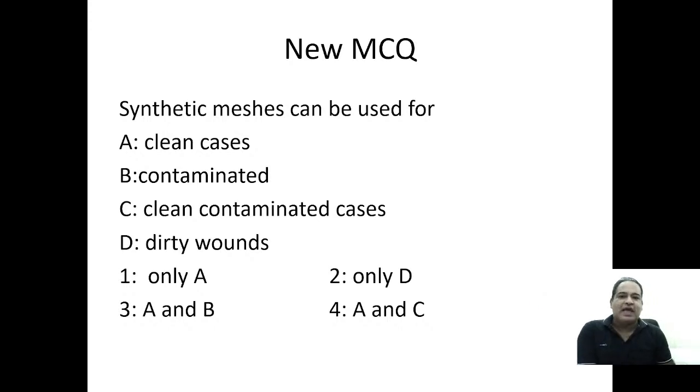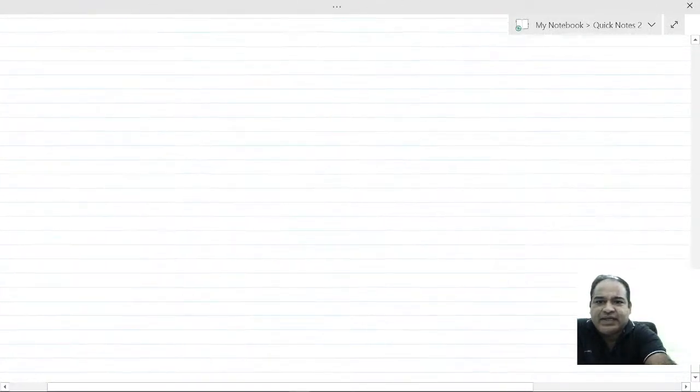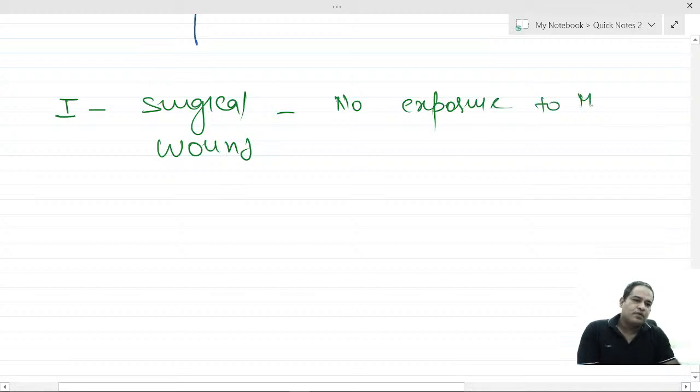Synthetic mesh can be used only for clean cases. Fine. See here what are clean and what are clean contaminated cases. So class 1 surgical wound has no exposure to mucosa.